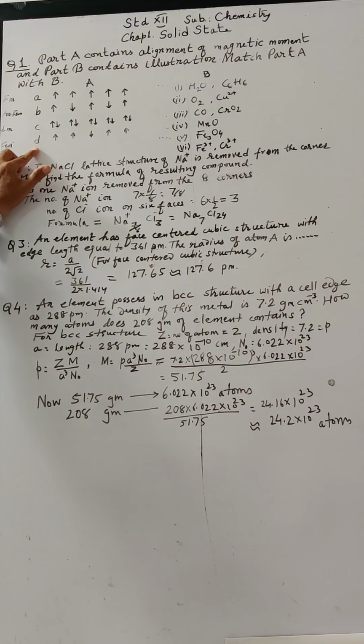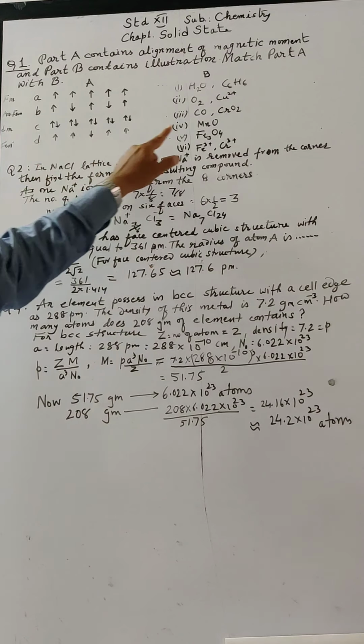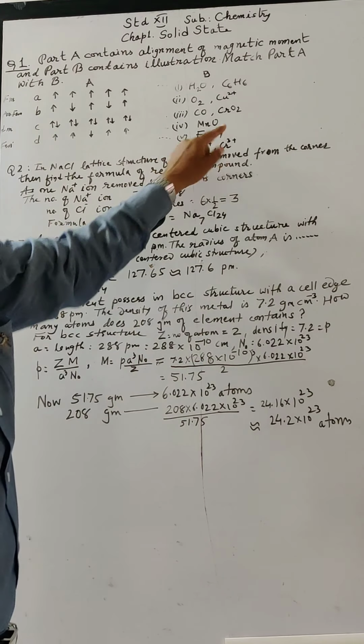In D, this type of alignment indicates ferrimagnetism, and the illustration of ferrimagnetism is Fe3O4.